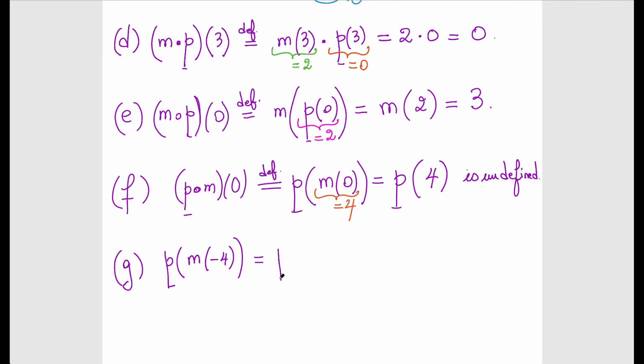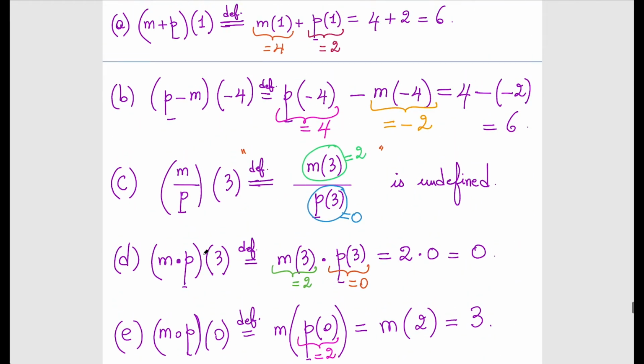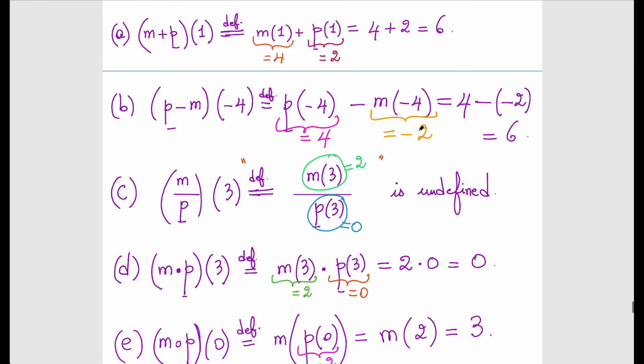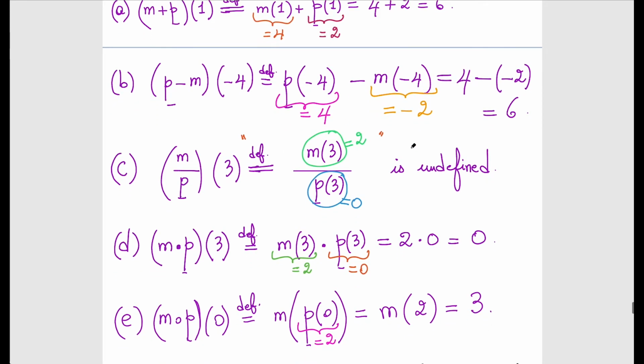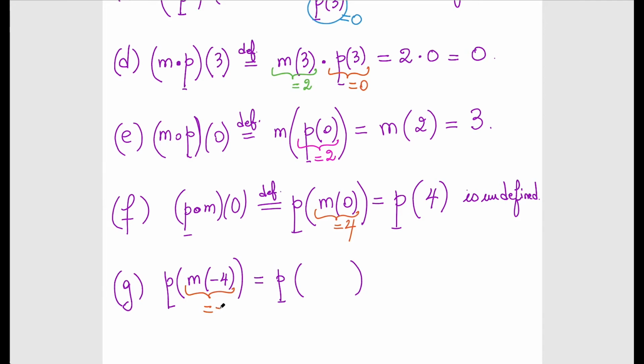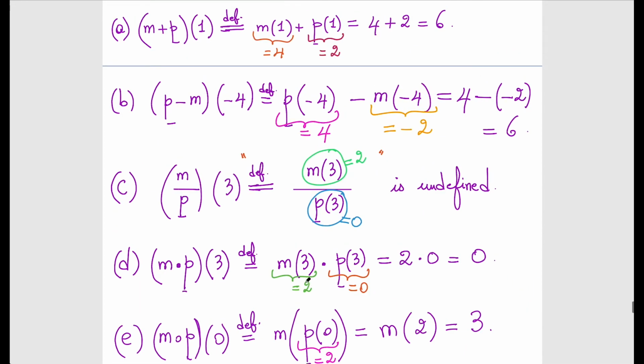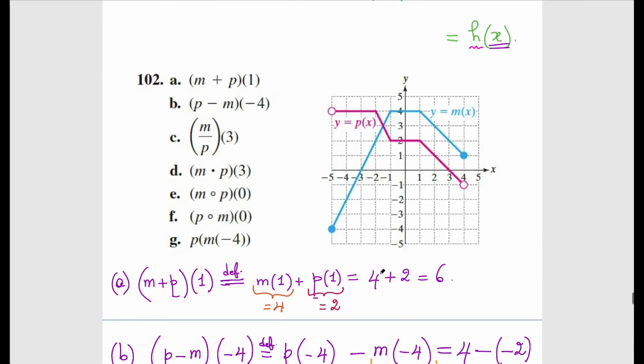Let's do this. P of m of -4. How much is m of -4? Did we find it before? I think we found it above. Yeah, m of -4 happened to be -2. We did it before, right? That guy is -2. So this becomes P of -2, right? And we haven't found that. Let's do it. P of -2. Where is -2?